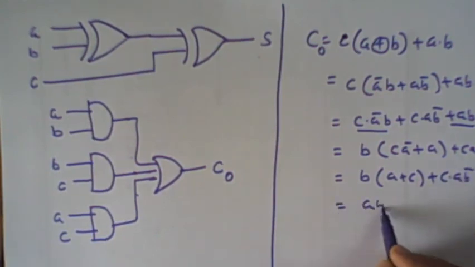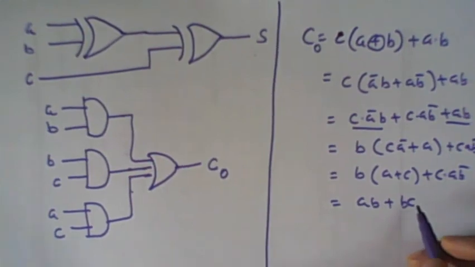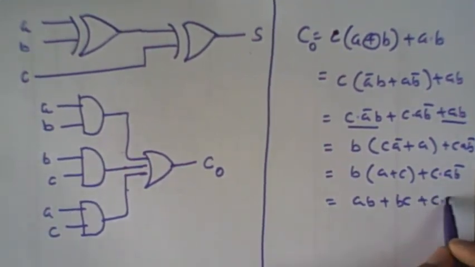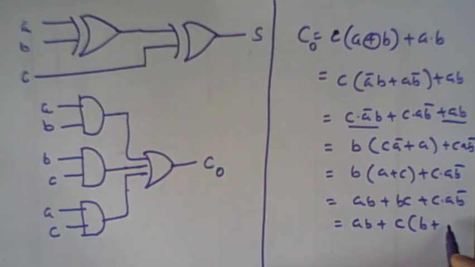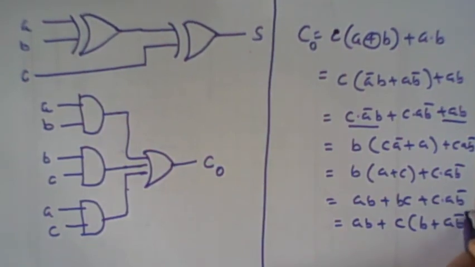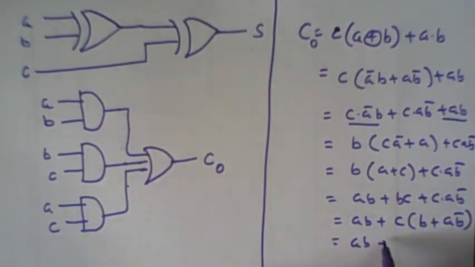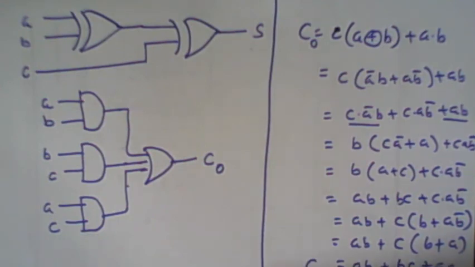So this is AB plus BC, and the last term C A B bar. Now let's take C common from the last two terms. So here B plus A B bar, and we can write B plus A B bar as B plus A. So here it is AB plus BC plus AC. It is the same as this.